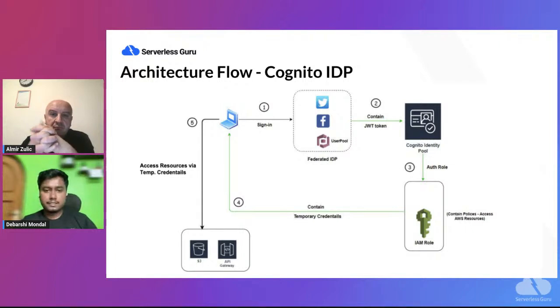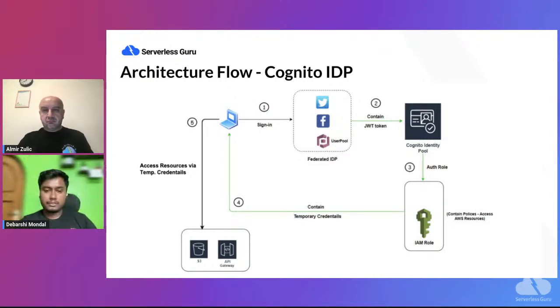The three credentials are the access key, the secret access key, and the session token. You can store them in local storage or a cookie, and then use those access keys to access your AWS resources.